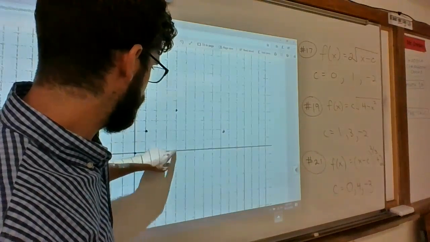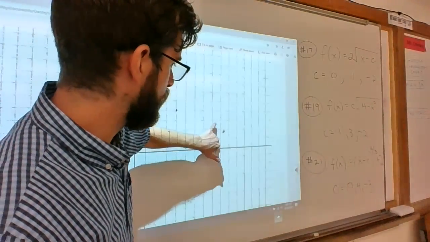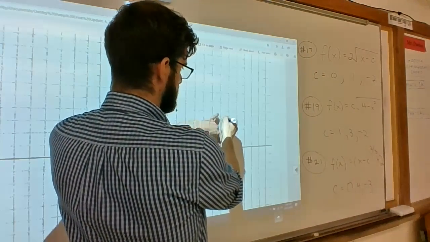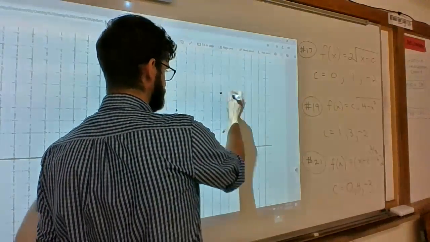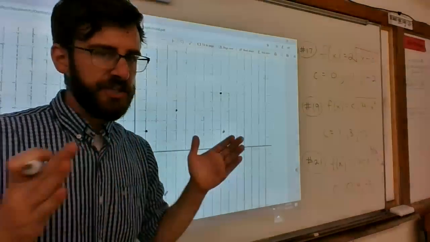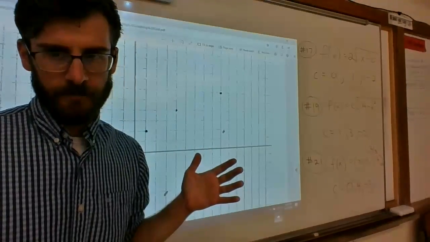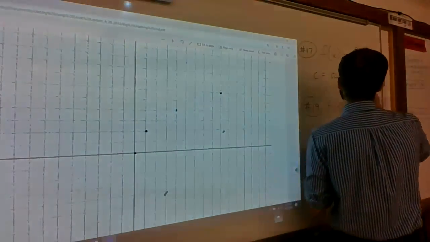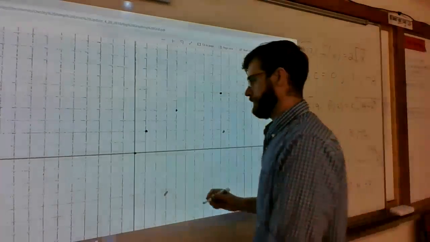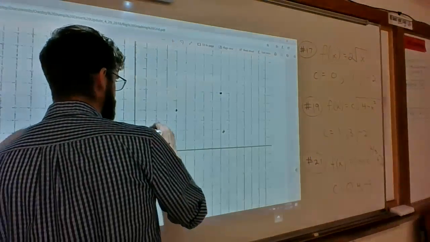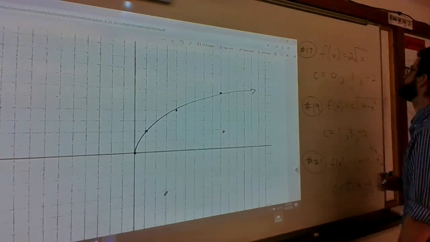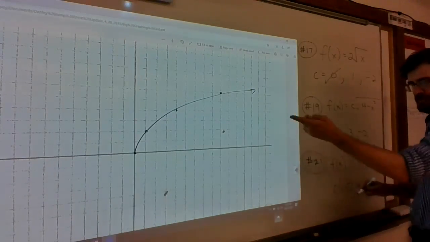If 9 would normally be 3, now we're moving twice that distance to 6. This is actually our first situation where there is no horizontal shift whatsoever. Making c equals 0 basically centers it right on the origin, and multiplying it by 2 makes each function jump up like that. So that's what this one looks like.